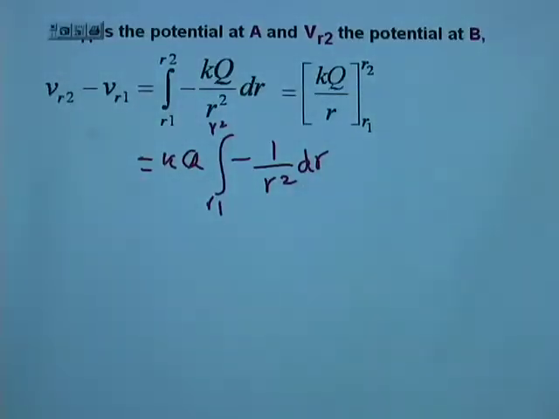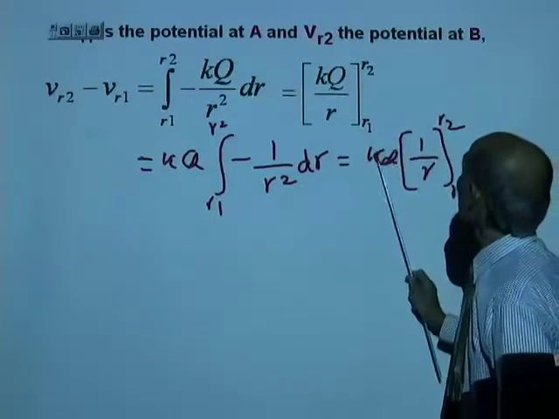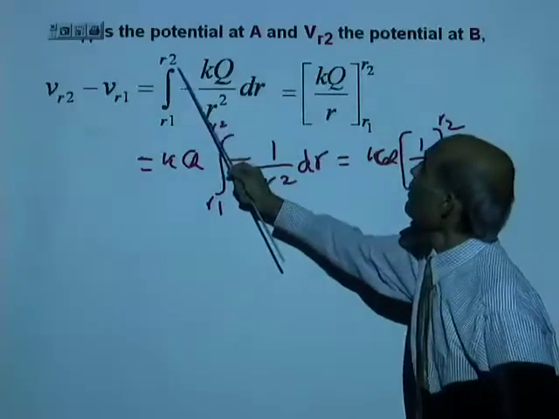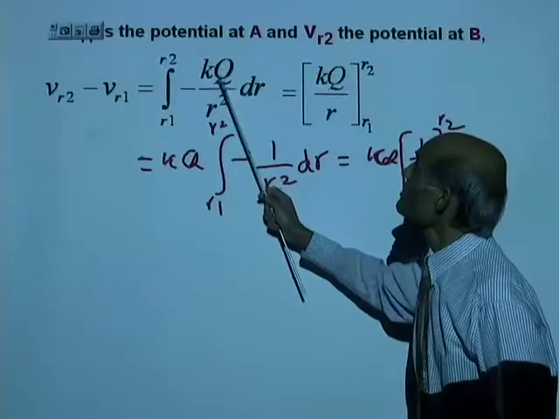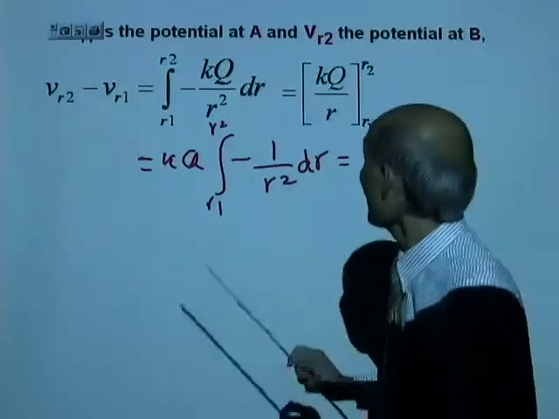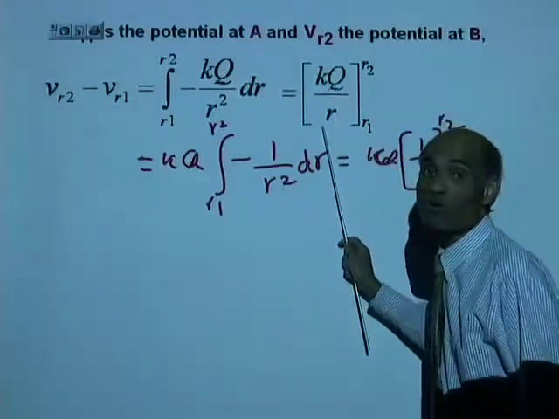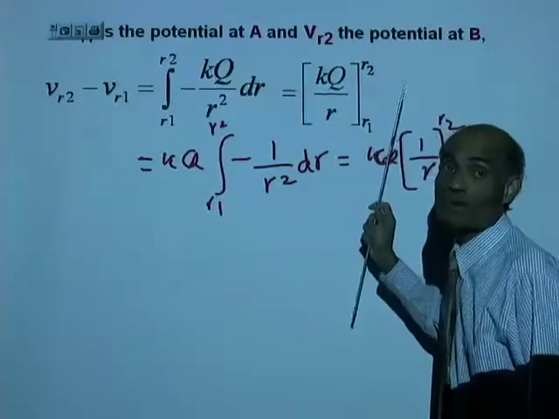So this will be equal to kq times 1 over r, and the lower limit is r1, the upper limit is r2. What I have done in this step is write this with the kq inside. So the integral from r1 to r2 of negative kq over r squared dr equals kq over r from r1 to r2.